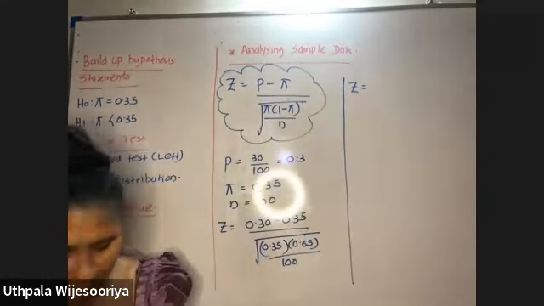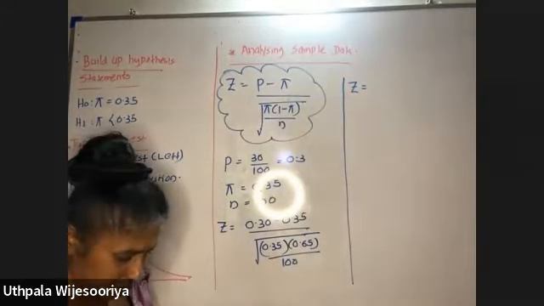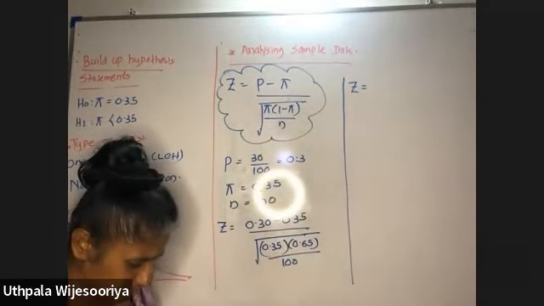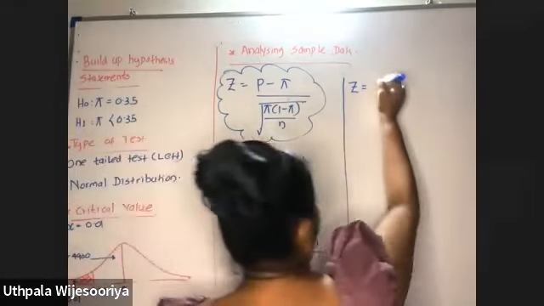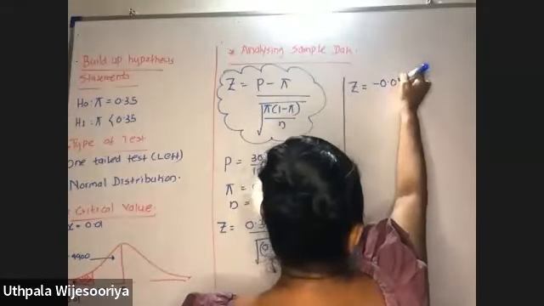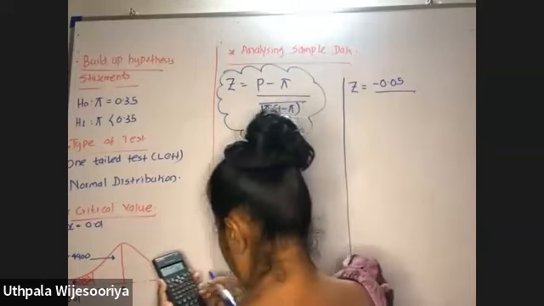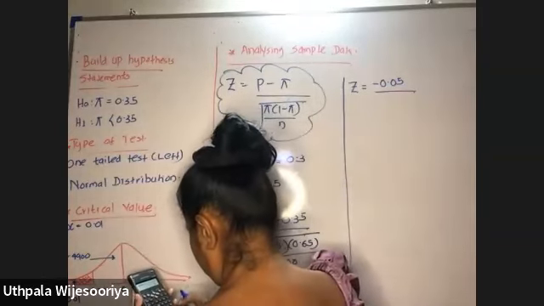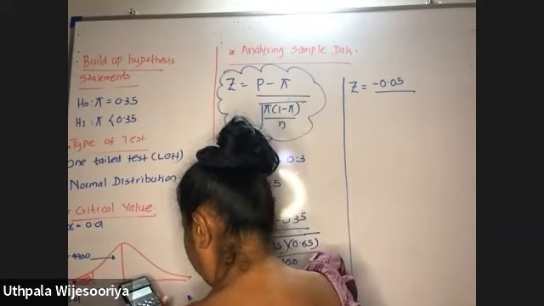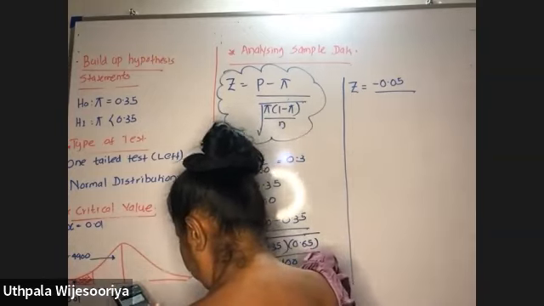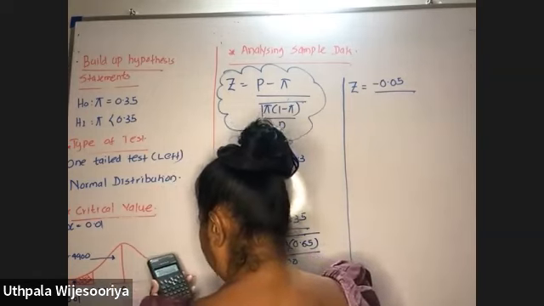0.30 minus 0.35 is minus 0.05, over the square root of that divided by 100, which is 0.048.